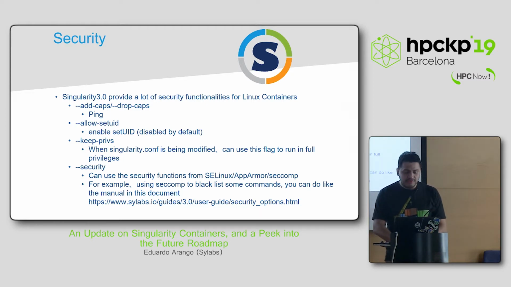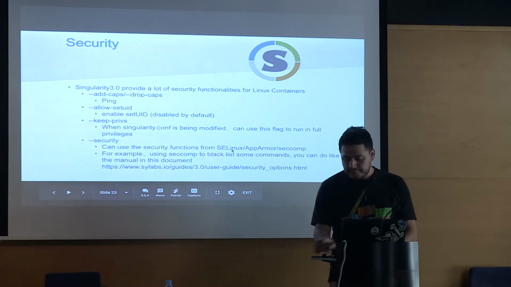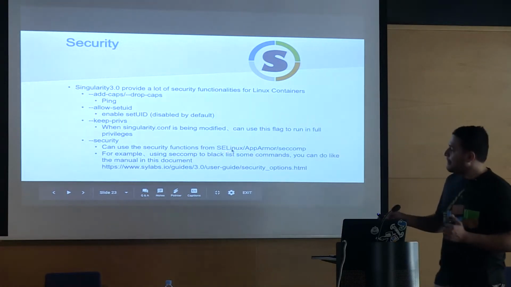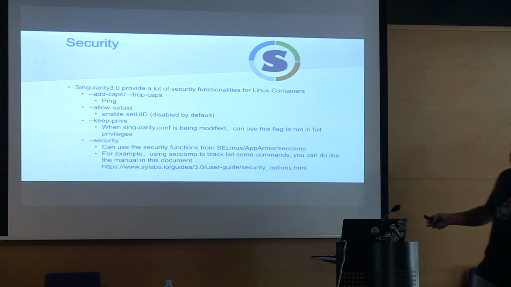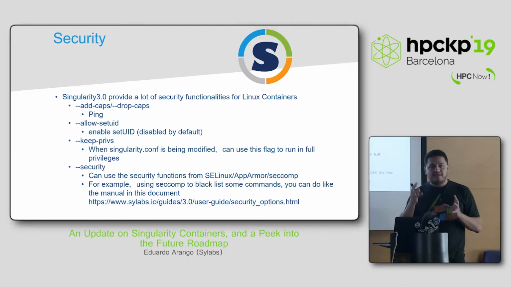Also, with the security flag, you can pass along a JSON or a full string defining how you want to play with SELinux, AppArmor, seccomp. Here's an example of this command in this link on how you can create specific security definitions when running every container or for the users.